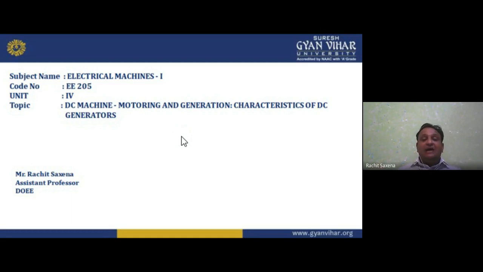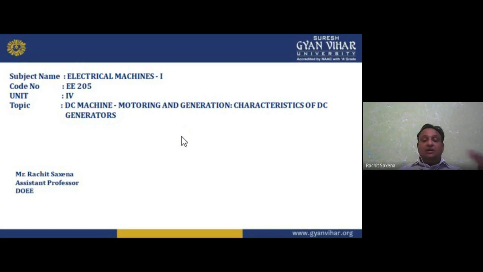Then we have the Ampere circuital law. Then we have Faraday's law of electromagnetic induction, which tells you that whenever there is a change in flux linkage, an EMF is induced, known as induced EMF. If the circuit is closed, current will flow, and that current is known as induced current.